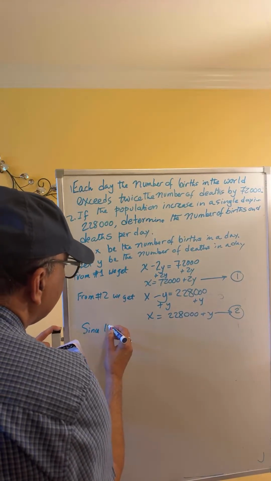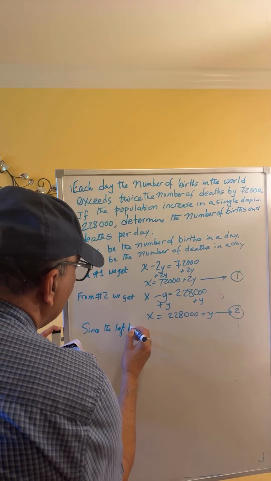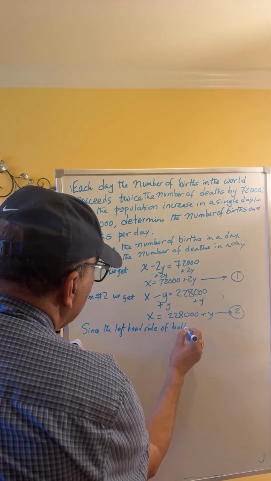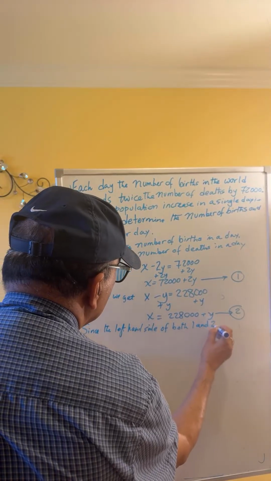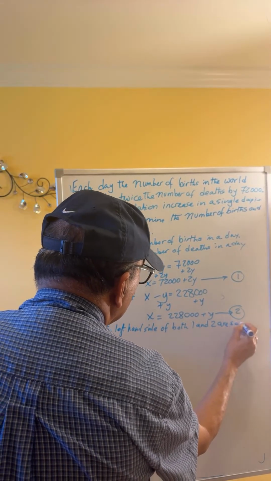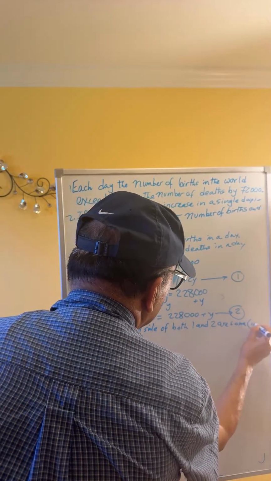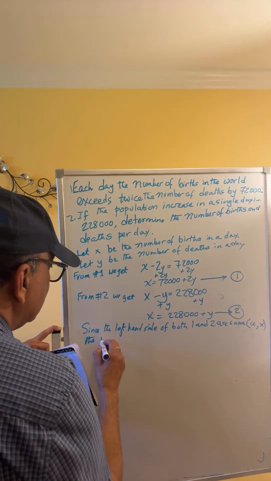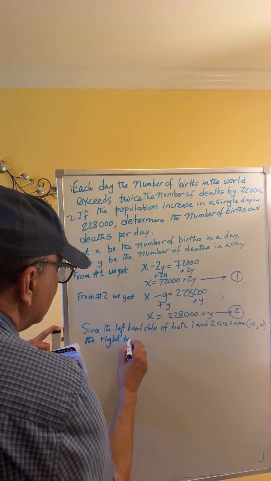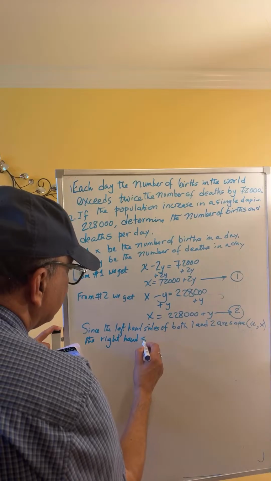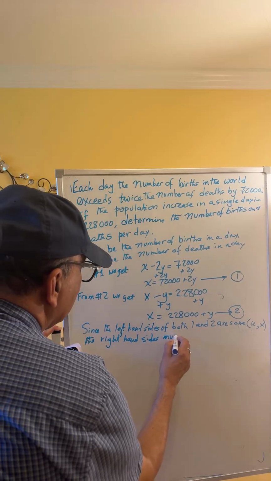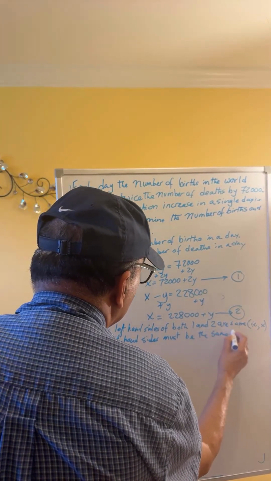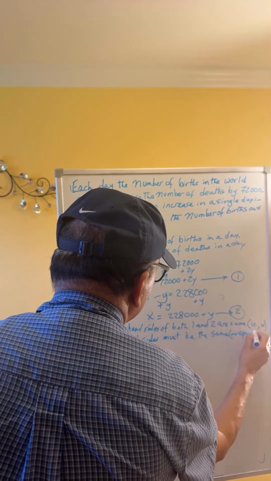Since the left hand side of both 1 and 2 are the same, that is X, the right hand sides must be equal, because the left hand sides are equal.